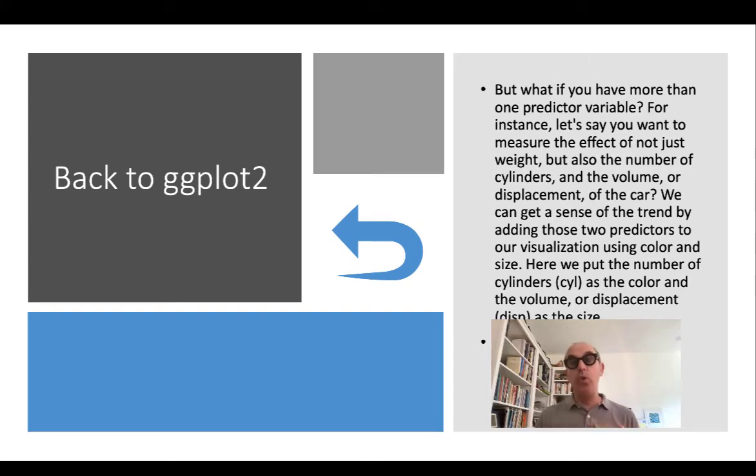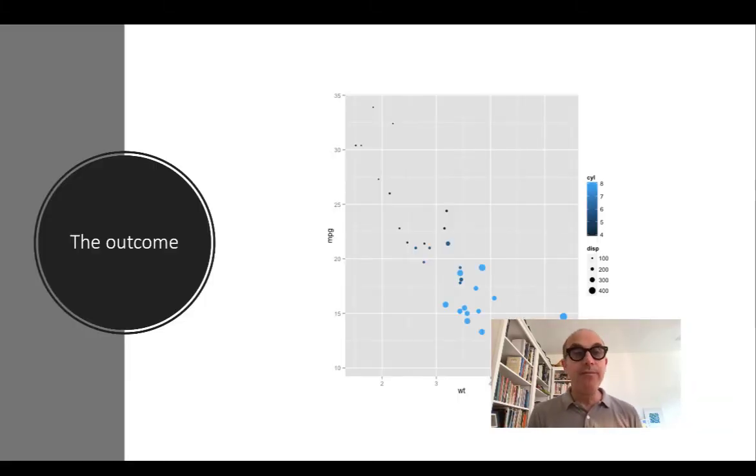Back to ggplot2. If you want to see more than one variable, for instance, you want to measure the effect of not just the weight, but also other values such as the volume or displacement of the car, we can get a sense of the trend by adding those variables to our visualization using colors and size. That can help us see what trends are going on. In this case, I'm adding the x, which is wt, the y, which is the speed, and I'm going to apply the idea of the outcome.